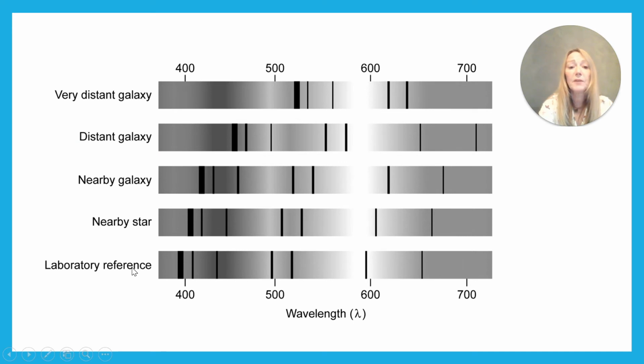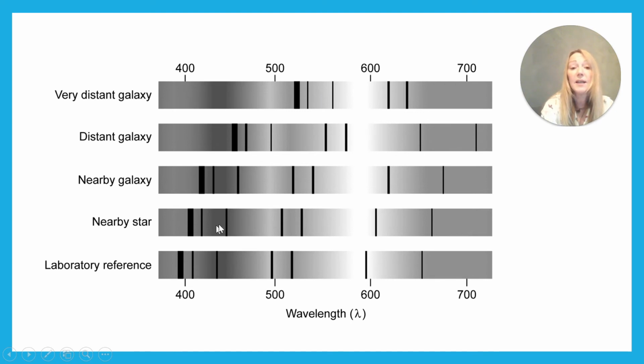And this is what we were seeing from our reference point in the lab to nearby stars, to nearby galaxies, distant galaxies, and then very distant galaxies. And what we also discovered from this is that the further away a star was, the faster it was moving away from us.